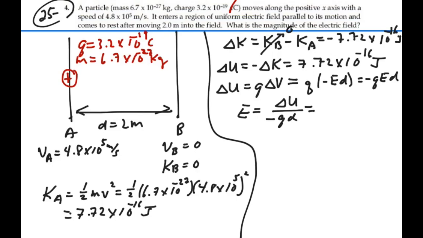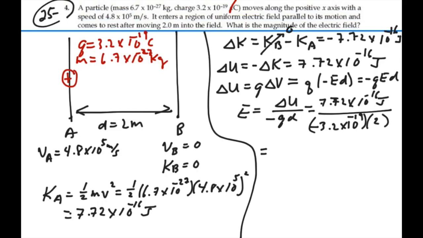That's going to be 7.72 times 10 to the minus 16 joules over a negative 3.2 times 10 to the minus 19 times 2.